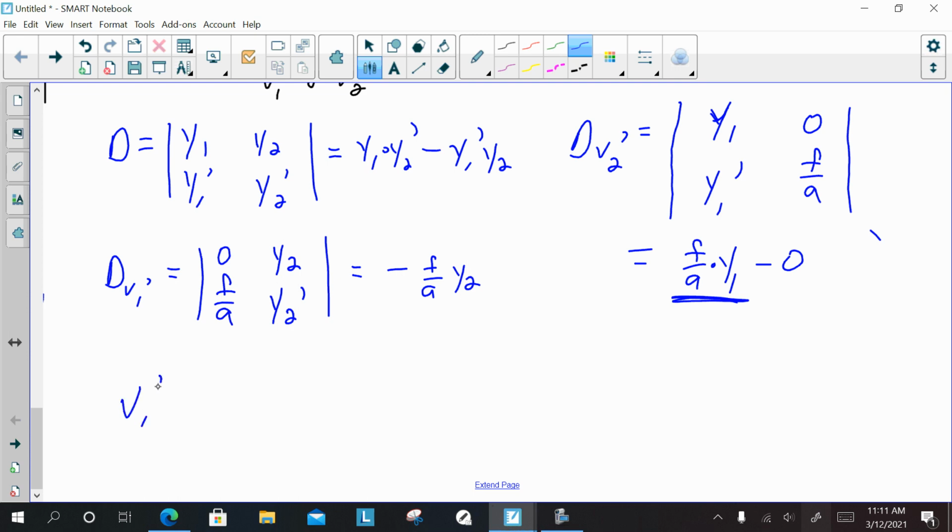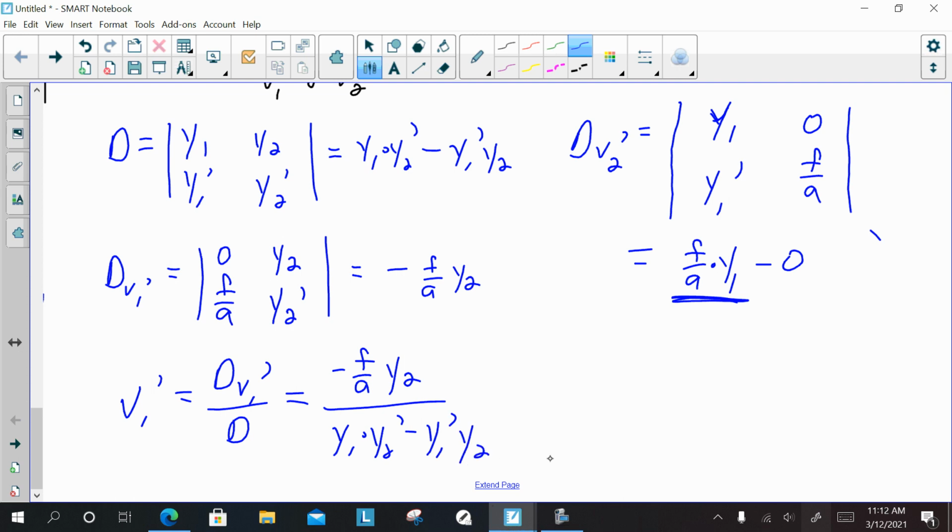So to get v1 prime, it's the determinant of v1 prime over d. So that's minus f over a y2 over y1 times y2 prime minus y1 prime y2. And to get v2 prime, that's the determinant of v2 prime over d.